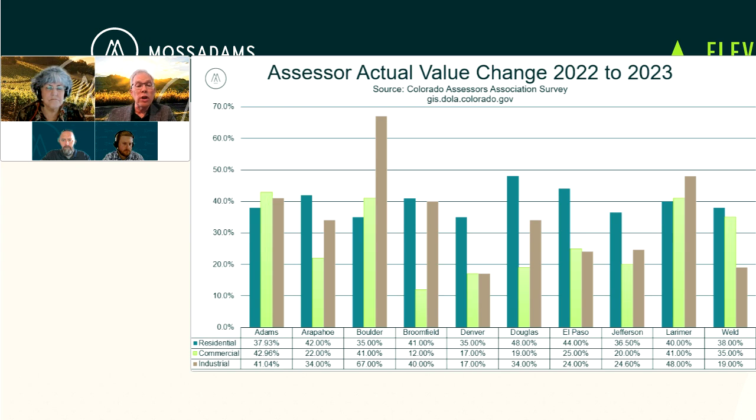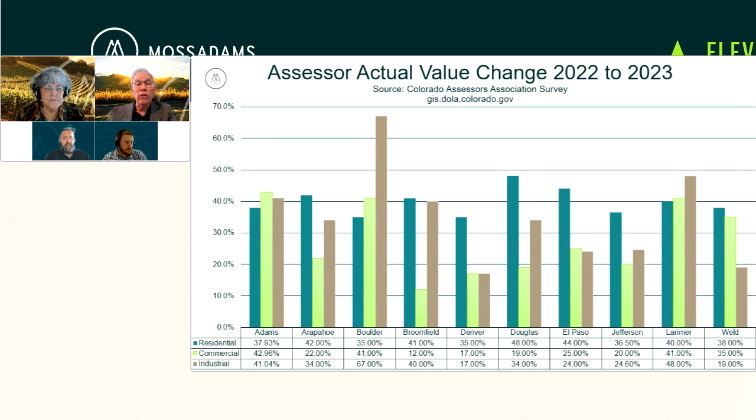These counties in 2023, you can see that they increased residential, commercial, and industrial values significantly. The average for those 10 counties showed 40% increases in the residential values, 27.5% increases in the commercial values, and industrial properties saw a 35% increase.